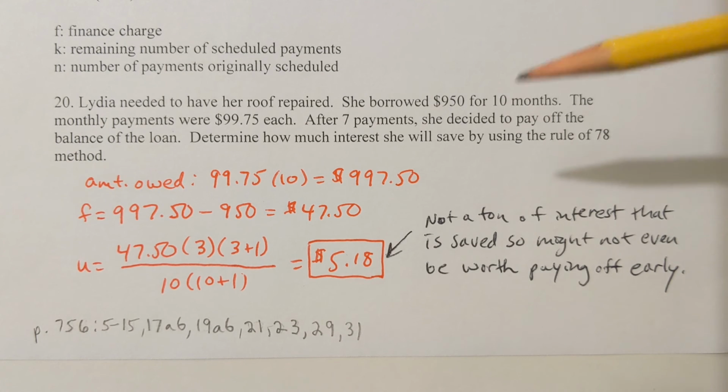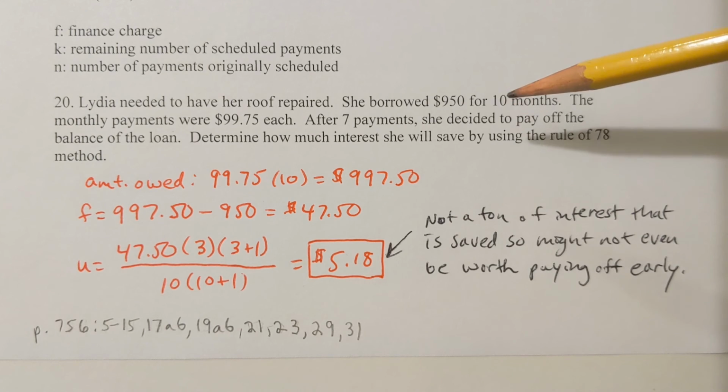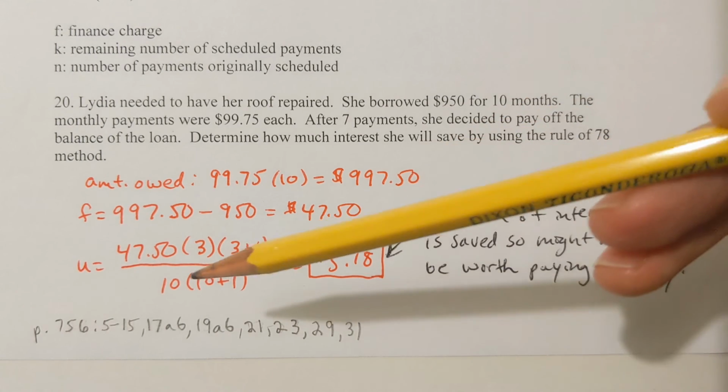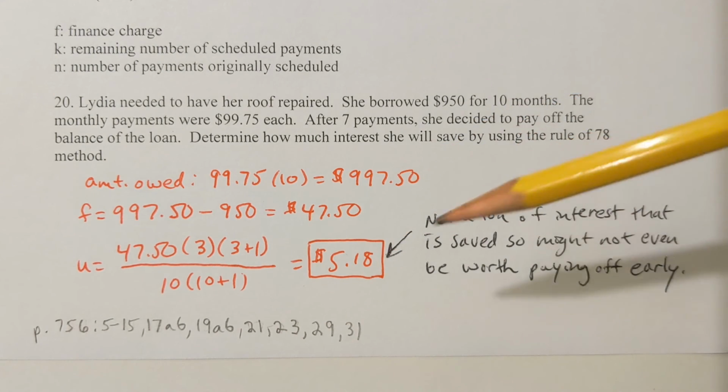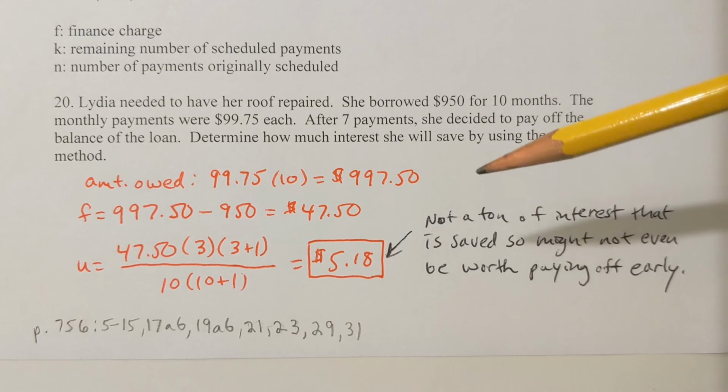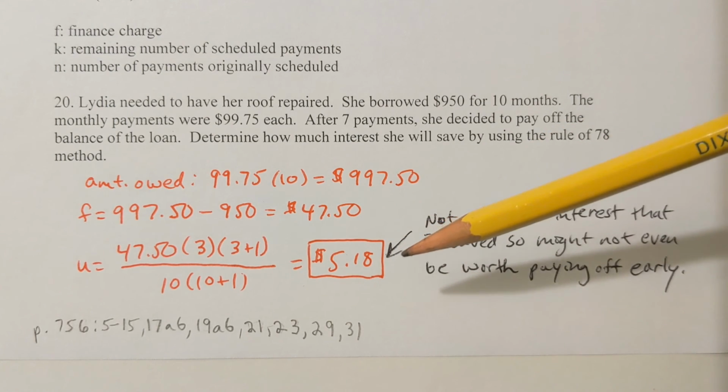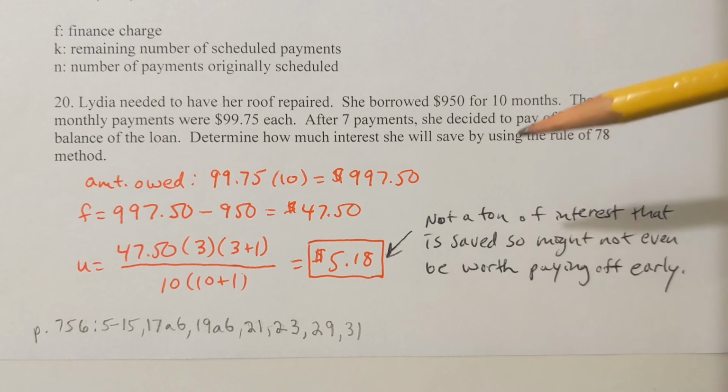What was originally the plan was 10 months times 11. I enter this in the calculator, and I'm getting $5.18 for her to be 3 months early.